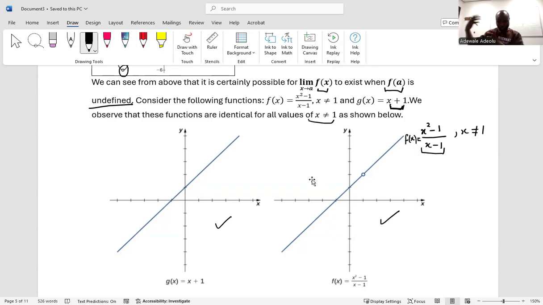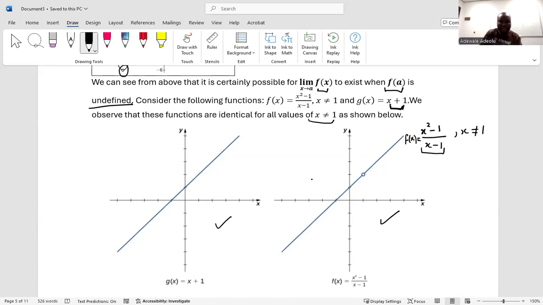From your pre-calculus 1, you might have seen something like this when you were graphing rational functions. But that is not our interest at this point, so that is why I'm just providing you with the graph.